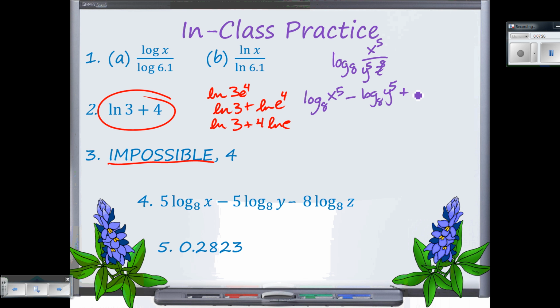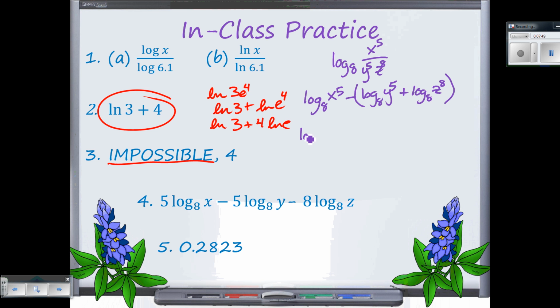So I would add log base 8 of z to the 8. Well, that's true, but they're both in the denominator, so you would actually need to put parentheses around. Most students would forget those parentheses and give me that as an answer, or with the numbers brought down, and you'd be wrong. You'd need to distribute the negative.